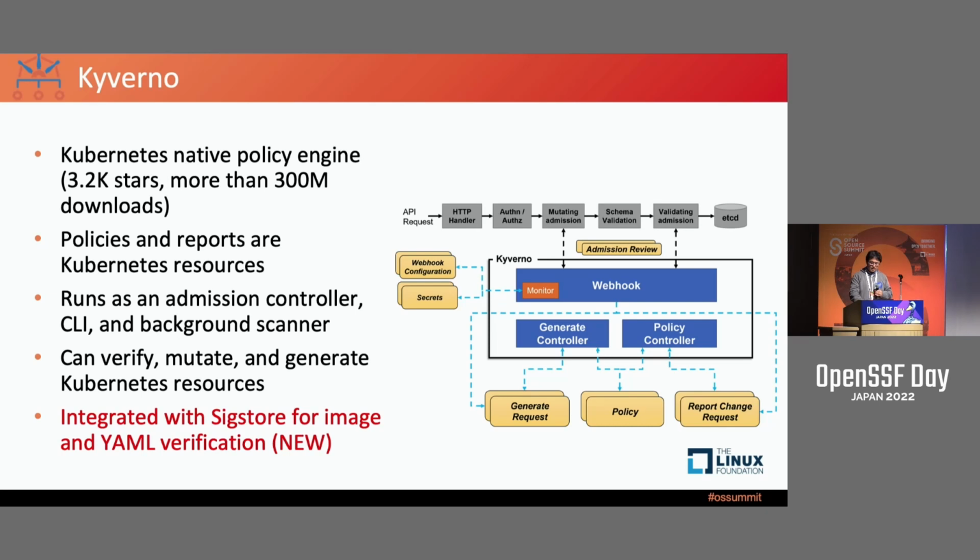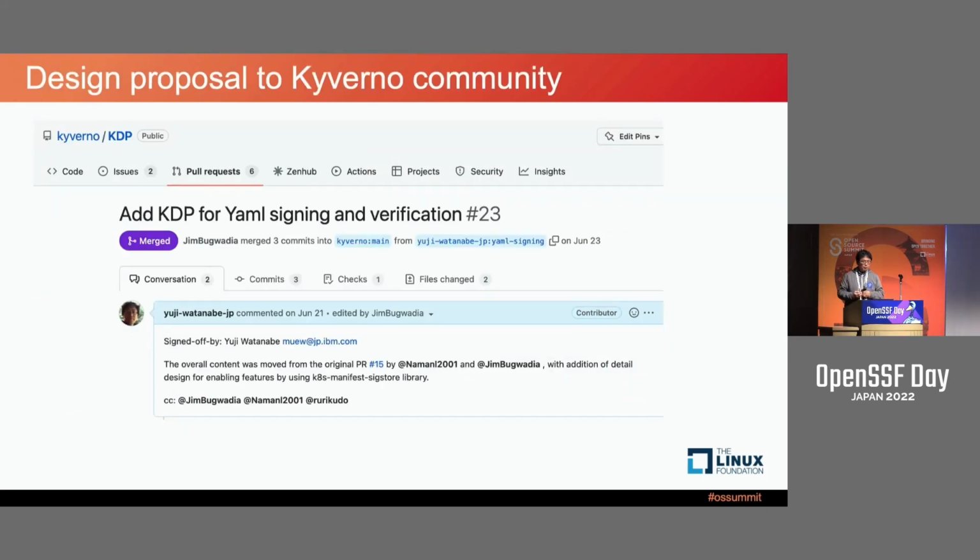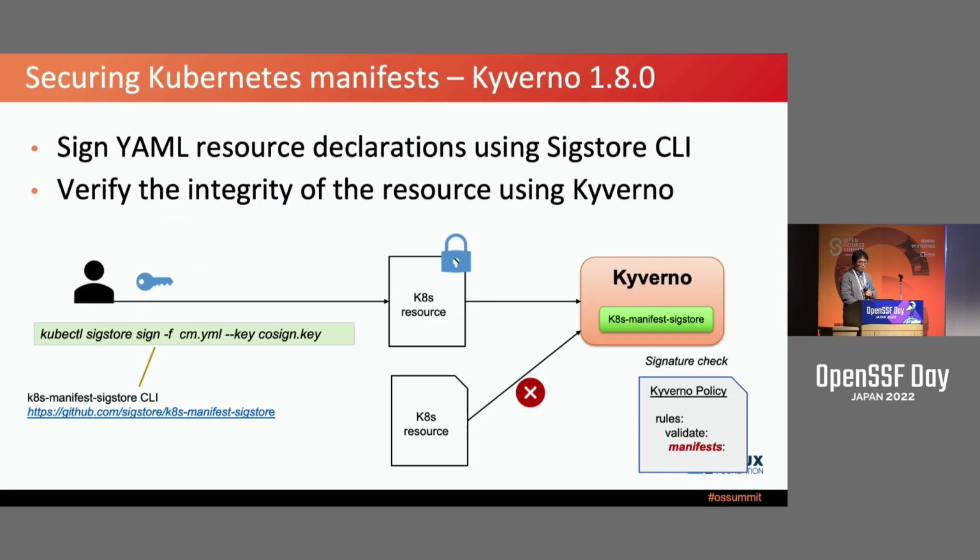For this, we collaborated with the Kyverno community. I submitted a new feature extension proposal to Kyverno, and we made a code contribution to Kyverno in the latest release. It's included in Kyverno 1.8, announced last month.